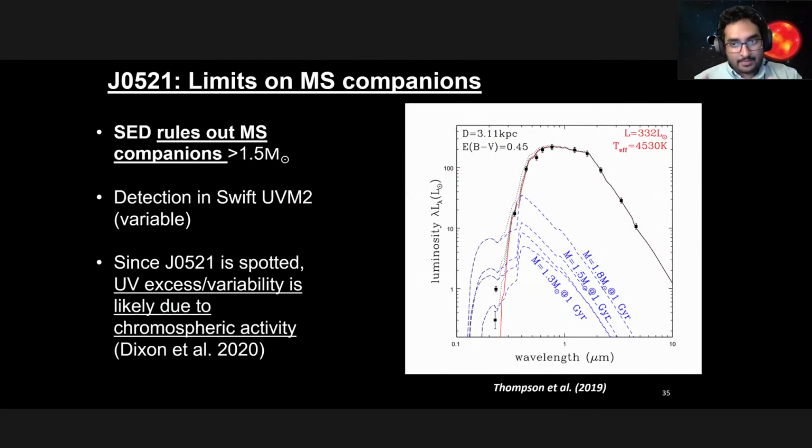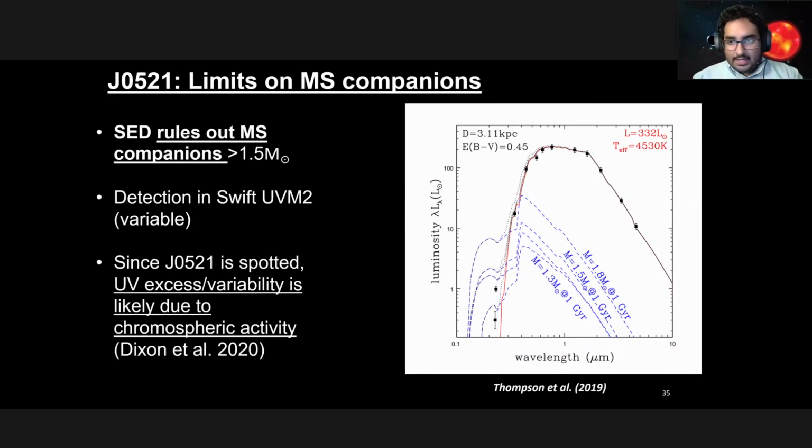The other part of the puzzle is to go ahead and rule out companions to the red giant that could be main sequence stars. To do that, we look at the spectral energy distribution, or the SED, shown in this plot here. It's essentially a plot of the luminosity in various filters versus the wavelength.